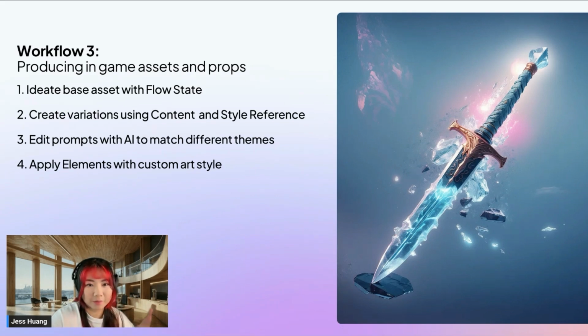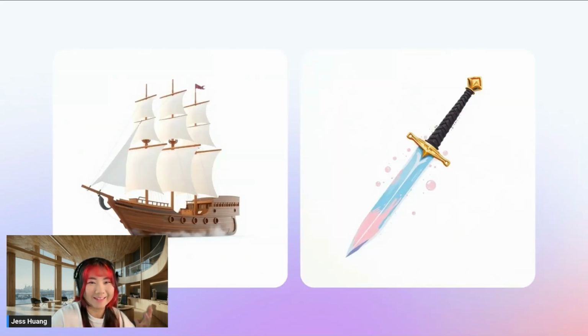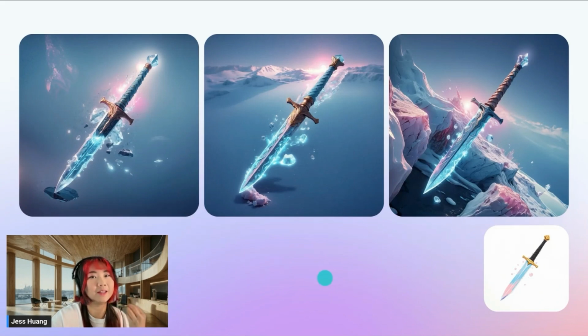All right, so some examples we'll be creating: we're going to have our base boat and our base asset for our short sword. And then we're going to have variations of that in our ice version. This looks really cool when you're working with reference to that original environment that we created in workflow 1.